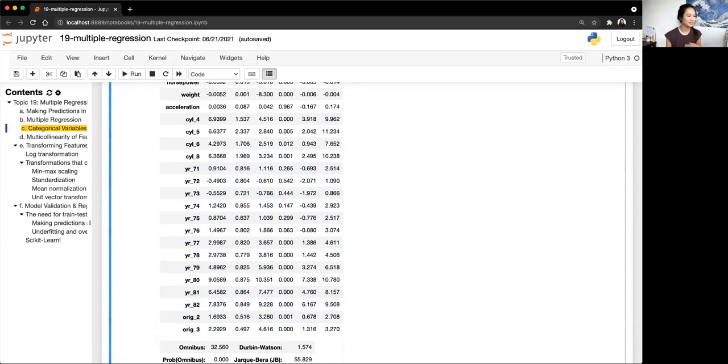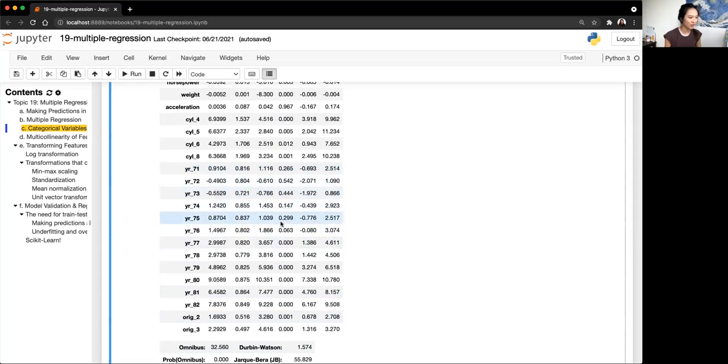Basically the answer is you can just drop the insignificant years. Having high p-values for years 71 through 75 is just saying that whether a car is made between 71 and 75 has no statistically significant effect on the miles per gallon.